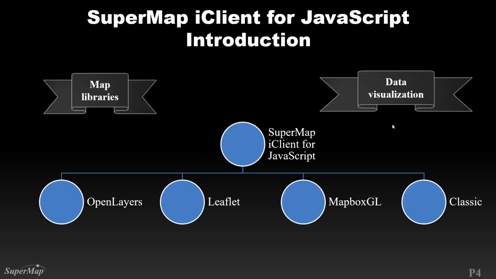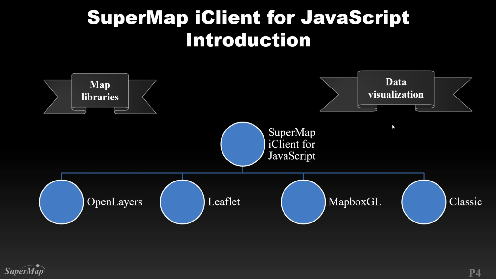Employing a blended new architecture, iClient for JavaScript integrates the leading open-source map libraries and visualization libraries. The code of iClient for JavaScript is fully open source and can be found on GitHub and OSGeo.